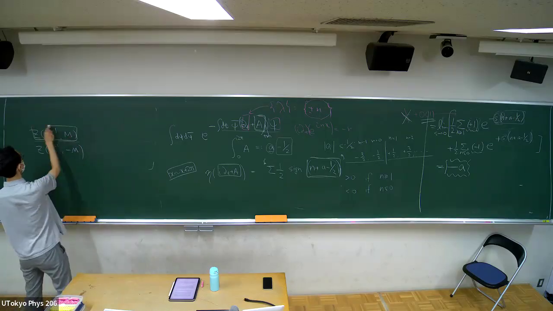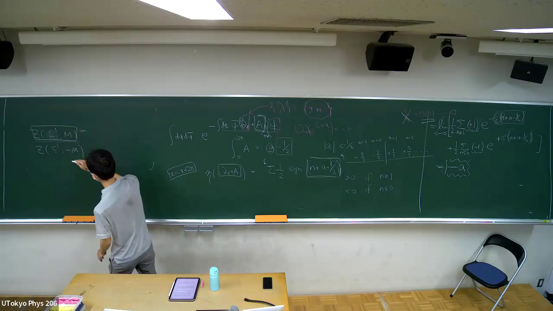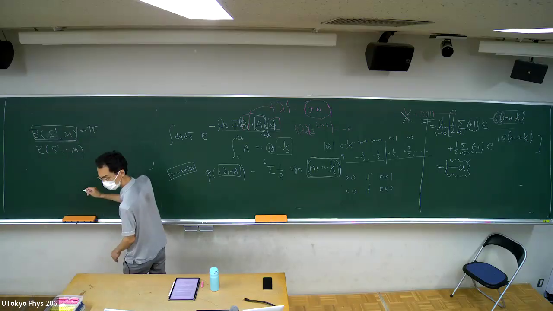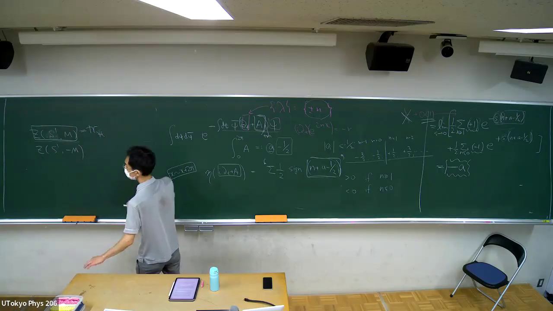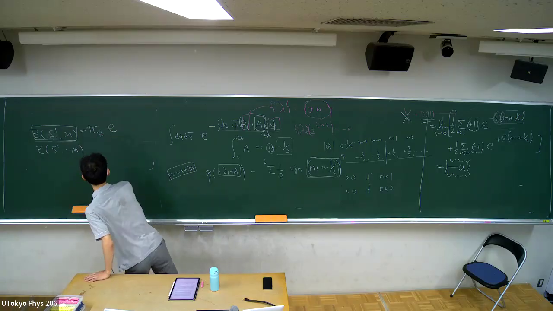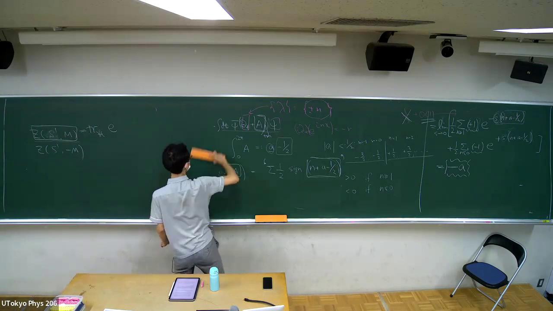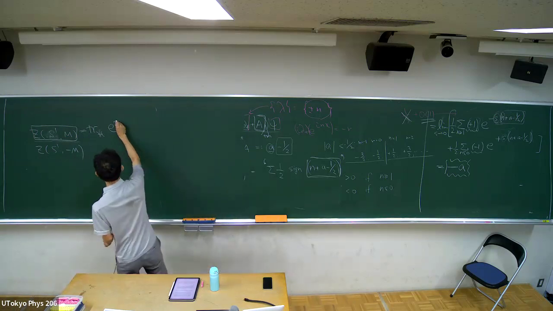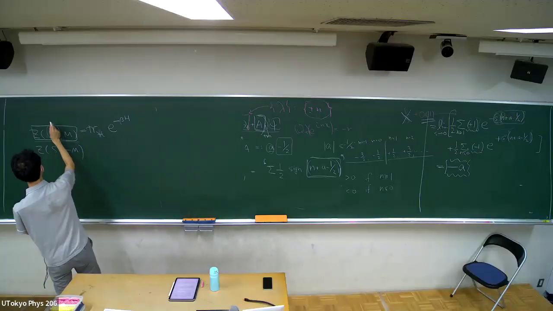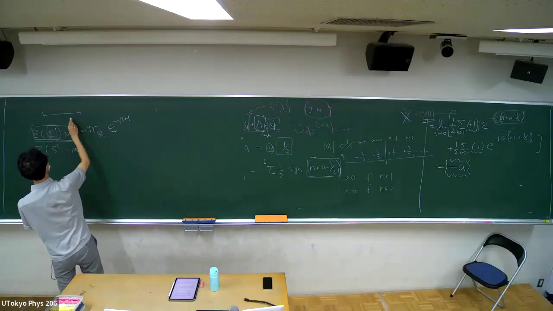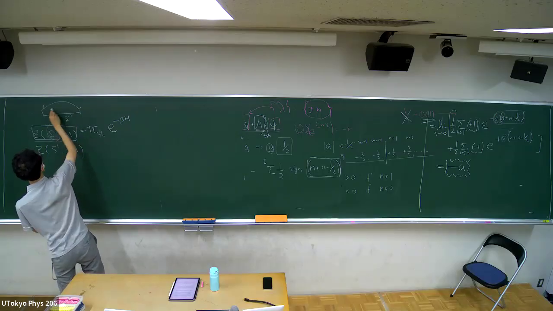So what is this? In the Hamiltonian formalism, this is just the trace over the Hilbert space of exponential of minus beta H. And here I have an S^1 with this identification.